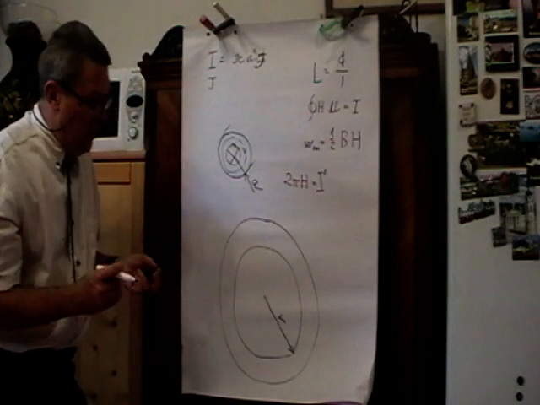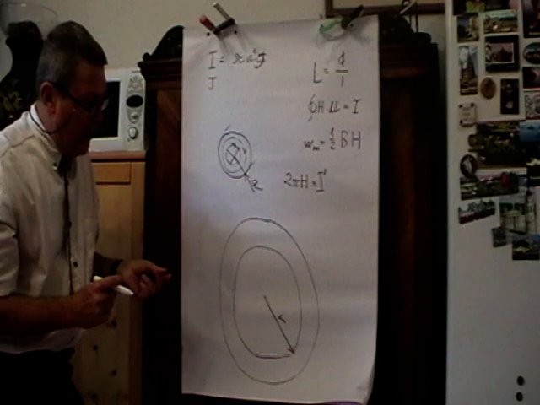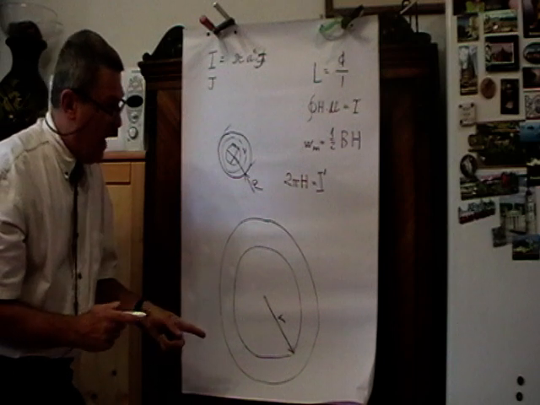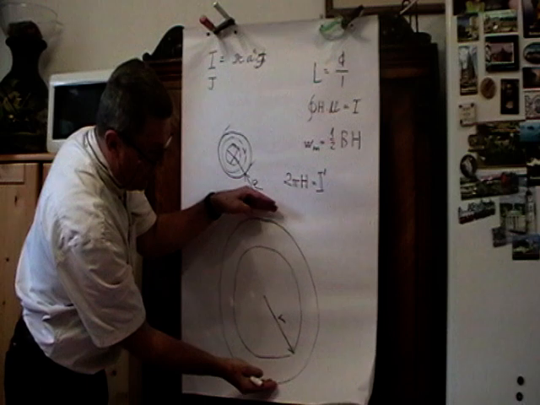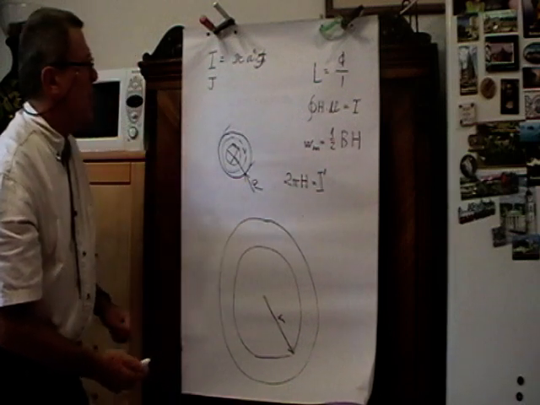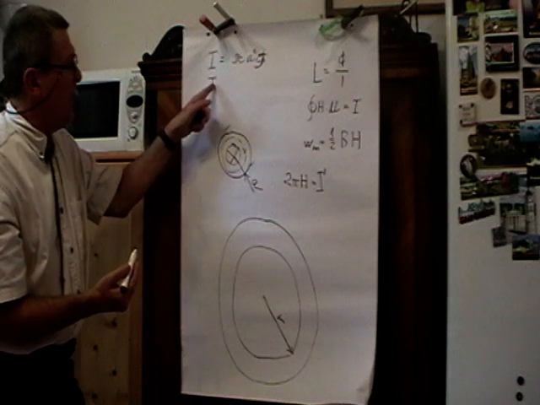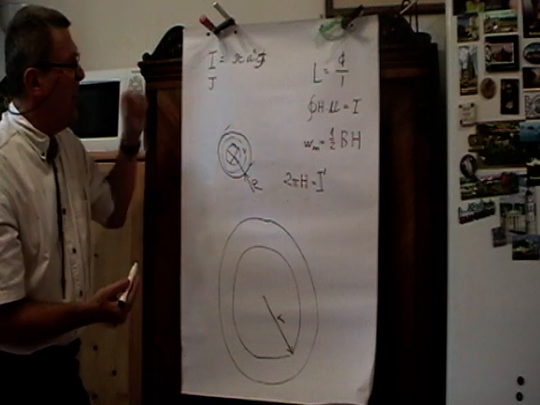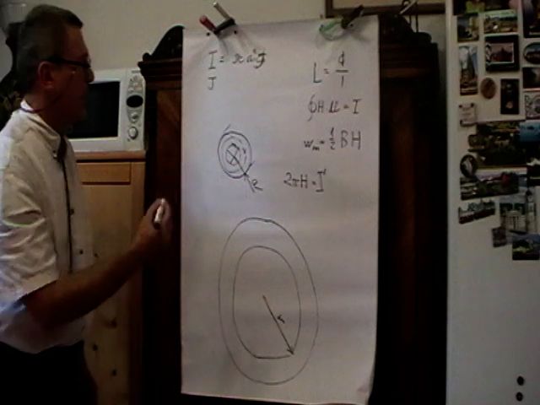Now we should establish the value of this current with respect to the total current flowing through the whole conductor. So first, let's establish the current density as a function of the total current.